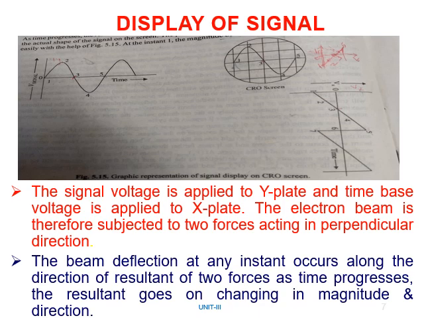As you see in this diagram, at point 1, voltage given to the Y plate is 0, okay, and voltage given to the X plate is maximum negative. So the resultant of both voltages will be on the left side of the screen.